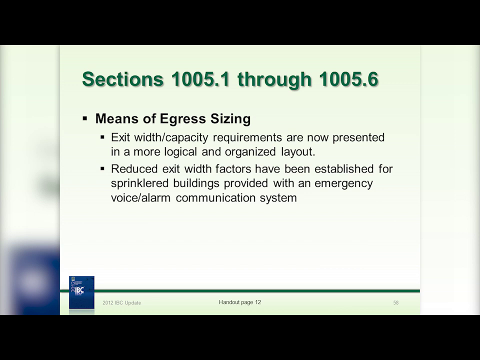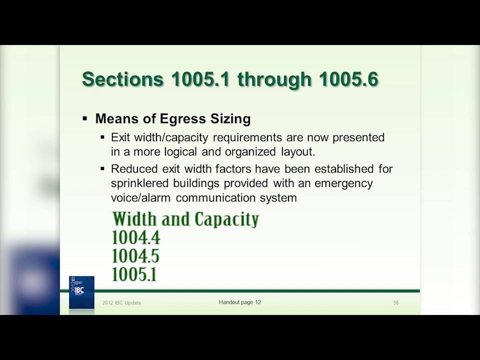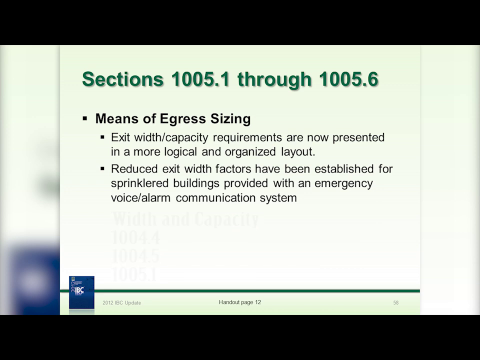Now, changes for what is now the new sections 1005.1 through 1005.6. Basically, the exit width and capacity were in sections 1004.4, 1004.5, 1005.1. They were reorganized, put together in a more cohesive and logical manner.